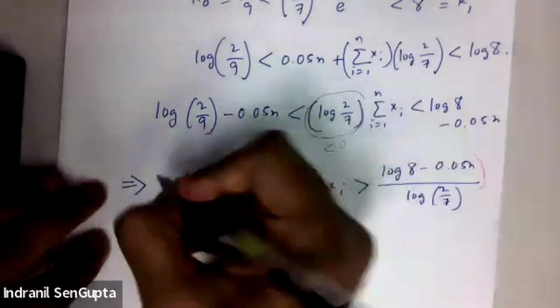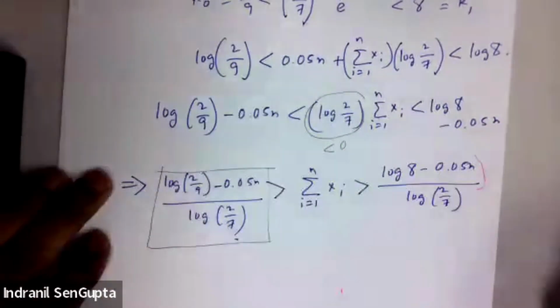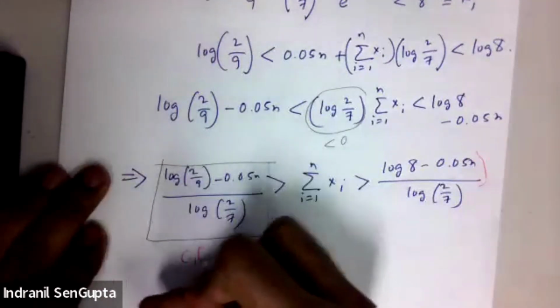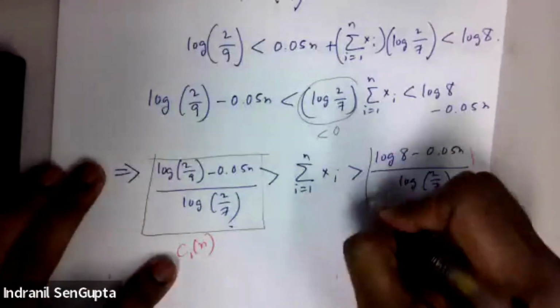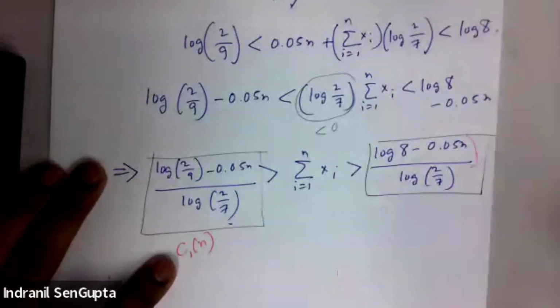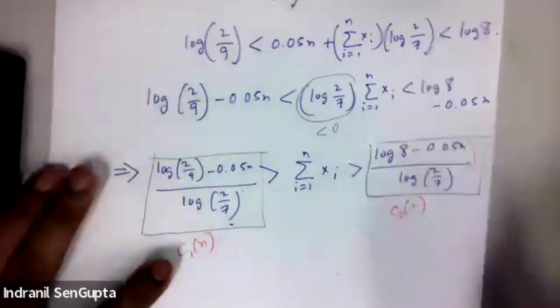In other words, this is the upper limit, which we call C1n, and this is the lower limit, which we call C0n.